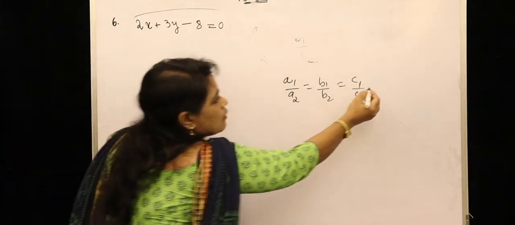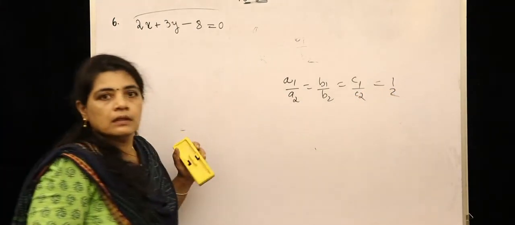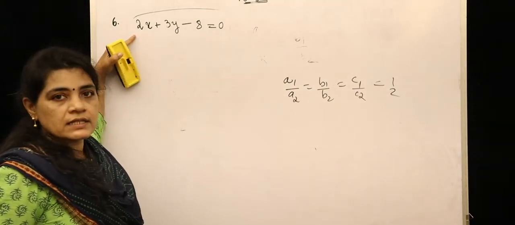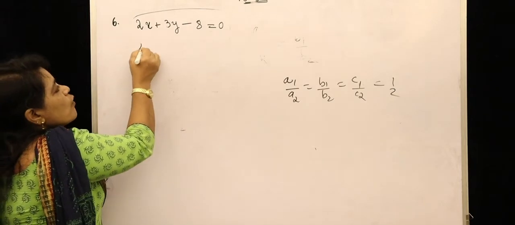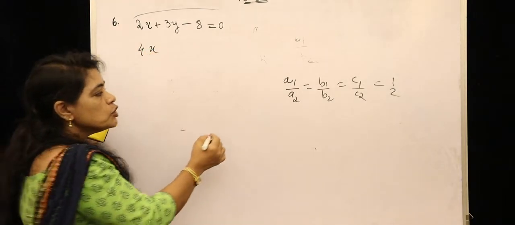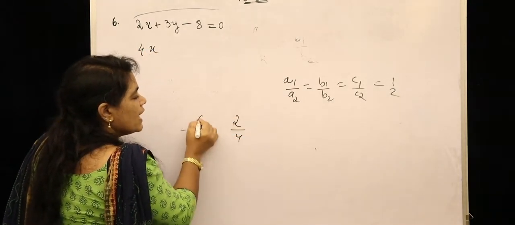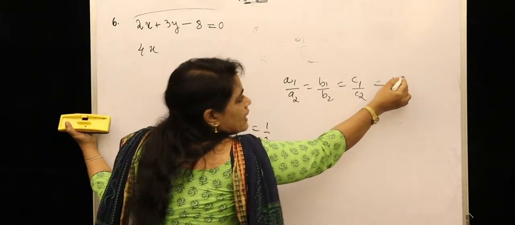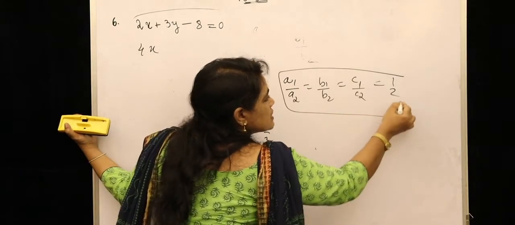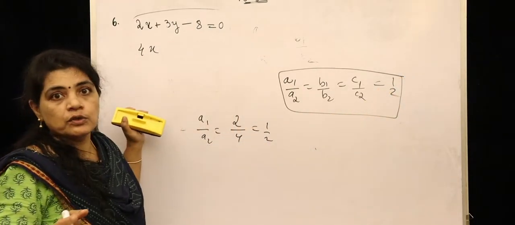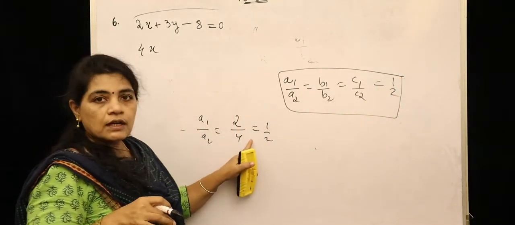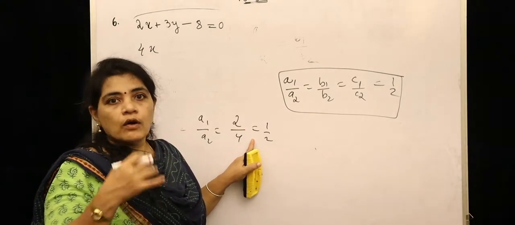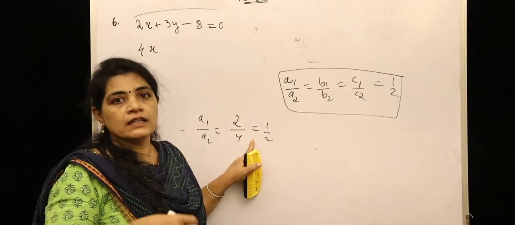That means A1 by A2: here 2x, if I am writing 4x, that is 2 by 4, A1 by A2 equals 1 by 2. I fixed this ratio first as 1 by 2 so that you can easily write down the values of A2, B2, C2. A1, B1, C1 are already given in the equation.